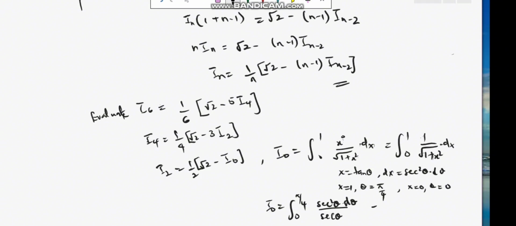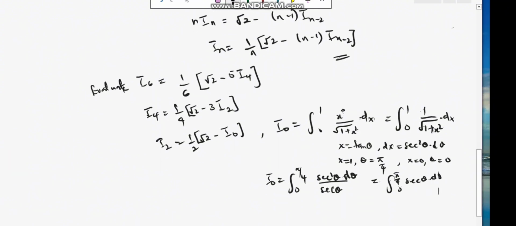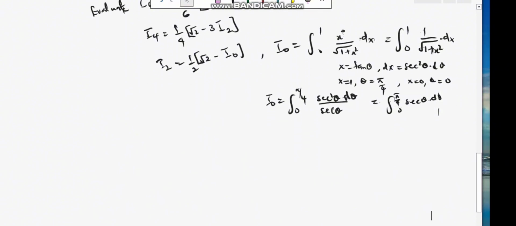This denominator reduces to sec theta, so you now have the integral from 0 to pi over 4 of sec theta d theta. So at the end of the day, I_0 will give us ln of (sec theta plus tan theta), which is also a standard integral, with the bounds 0 to pi over 4.